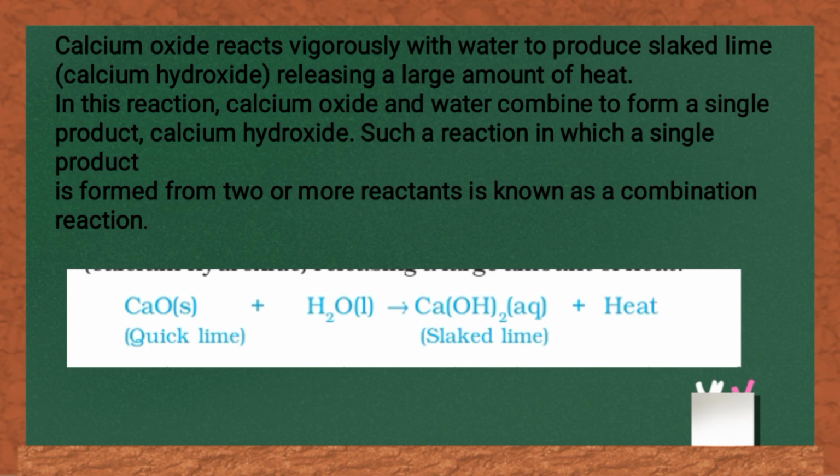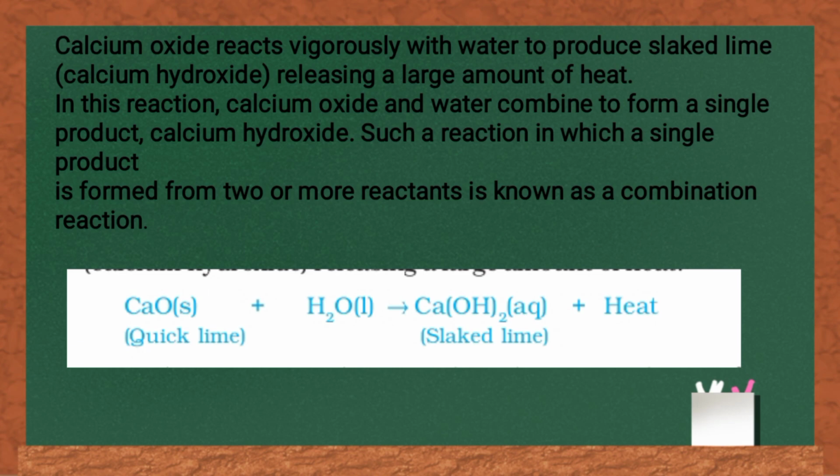So you can see here on the LHS side, that is the reactant side, you will find calcium oxide and water. So when there is a combination of more than one reactant, forming only one product, here you can see calcium hydroxide is formed, that is slaked lime.